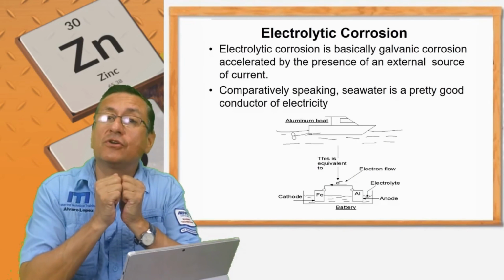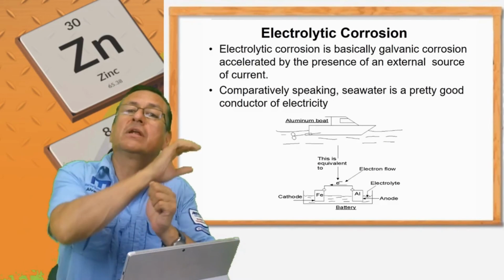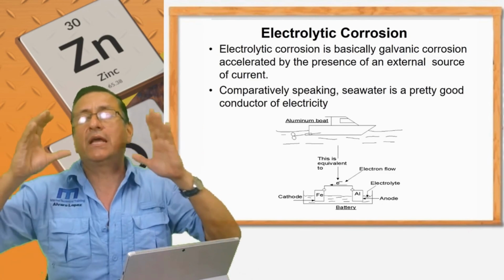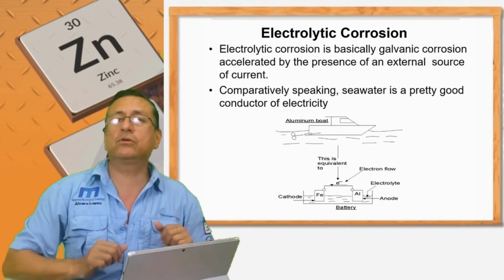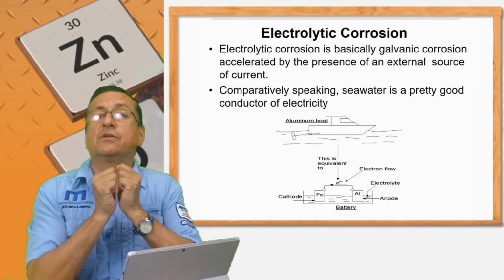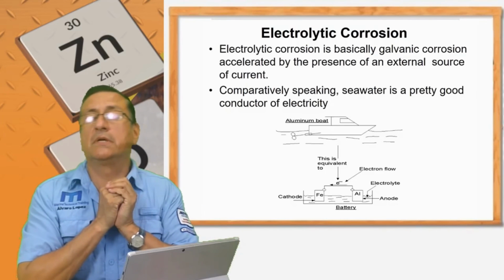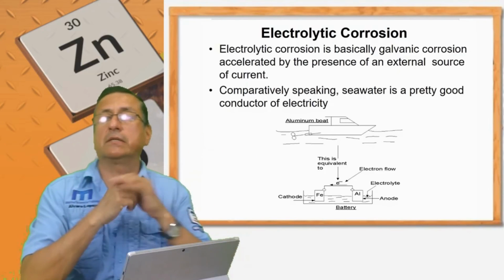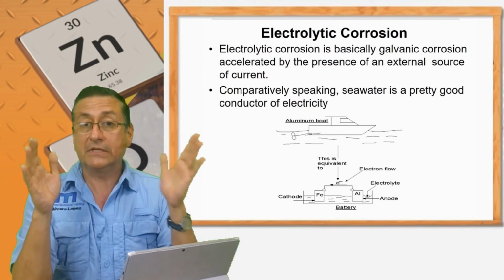It's galvanic corrosion plus a small current in between both of them. That's it. What is the difference between electrolytic corrosion and galvanic corrosion? In electrolytic corrosion, you have two dissimilar metals together plus extra current. In galvanic corrosion, you only have two dissimilar metals together. That's it. Bingo? It's clear?